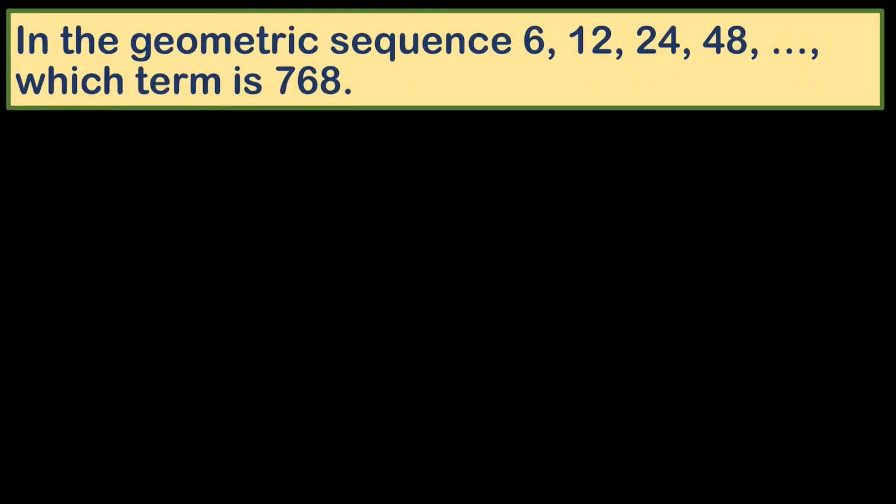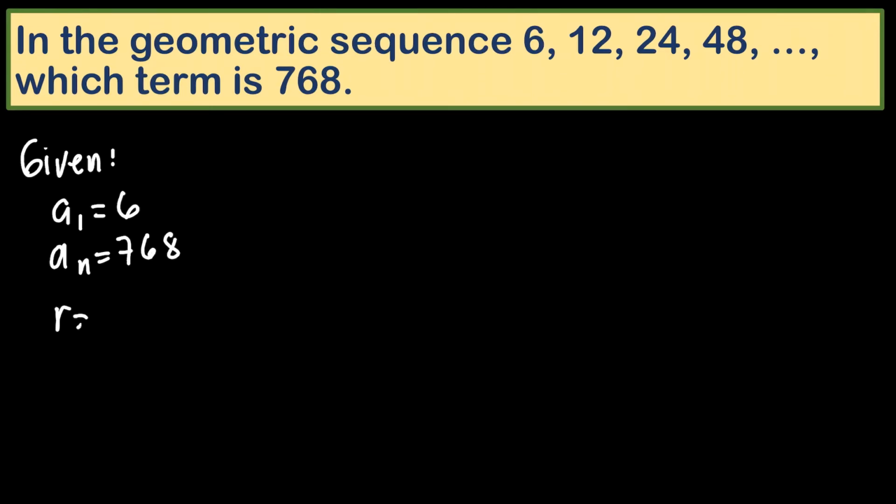Let's have another one. In the geometric sequence 6, 12, 24, 48, and so on, which term is 768? If we list down the given, we are given a sub 1, which is 6. We are also given the last term, which is 768.